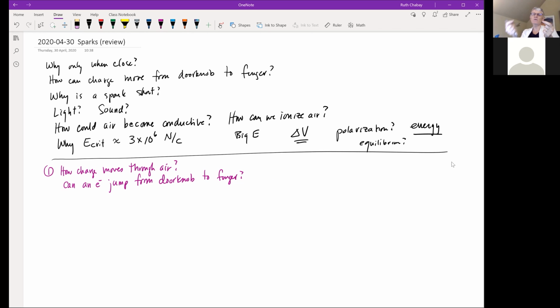So could it jump from the doorknob to your finger without, on average, colliding with something that stopped it? How far? So how far can an electron go between collisions?